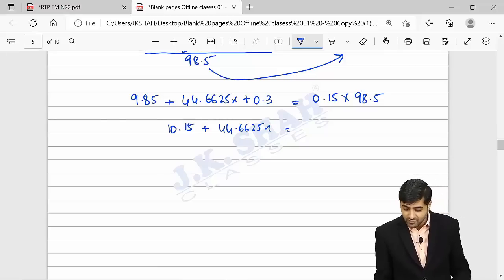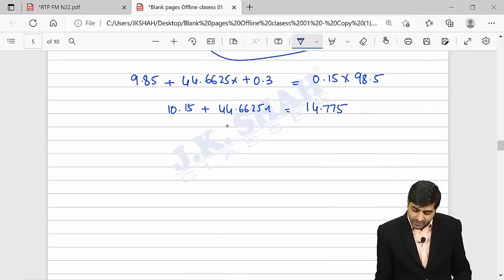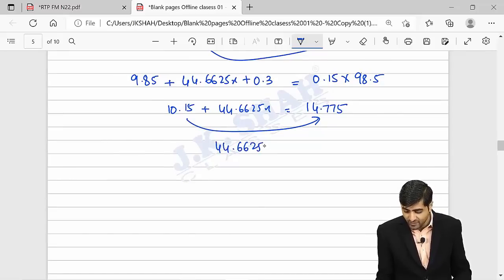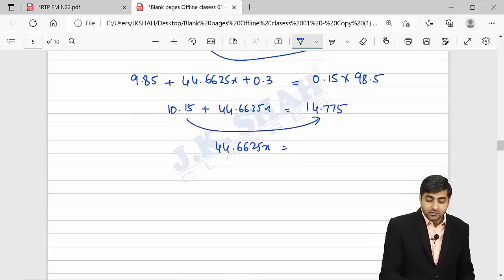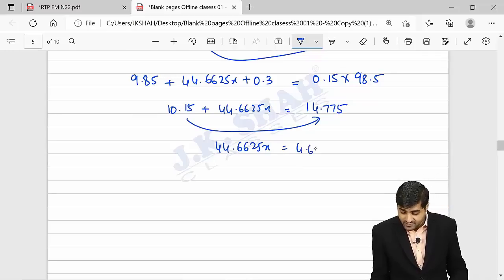So that's nothing but 14.775. And guys, if I take my 10.15 here, this will now become 44.6625x is equal to, this will now give me 4.625.